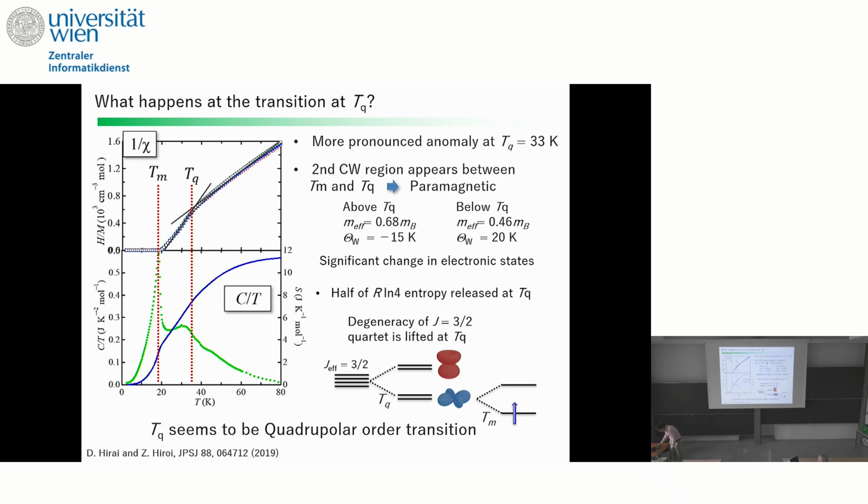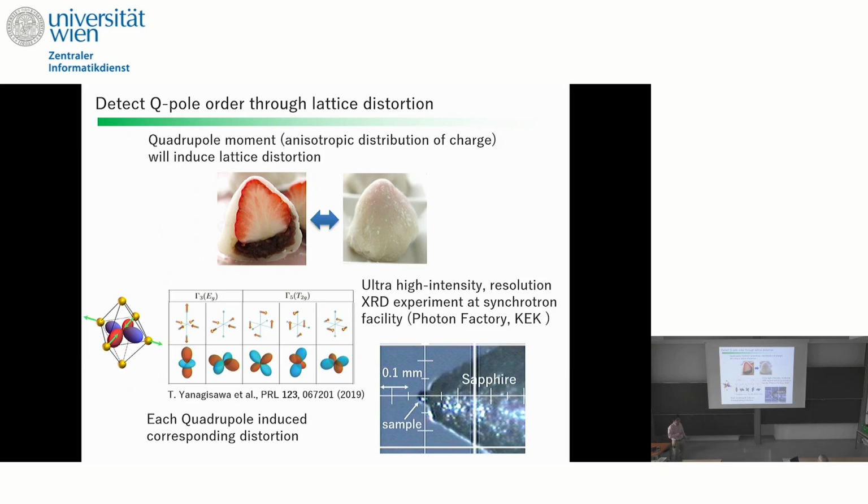Then we try to detect it by a diffraction experiment. Generally speaking, quadrupole order is an anisotropic distribution of charge, which will induce lattice deformation through electron-lattice interaction. So if the charge is distorted like this triangle, by detecting this triangular shaped lattice, we can tell what kind of quadrupole order exists in it.